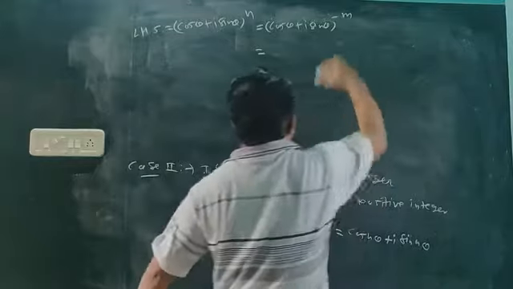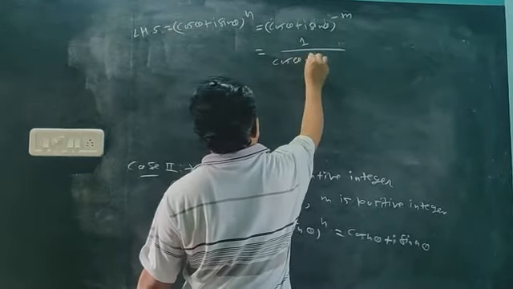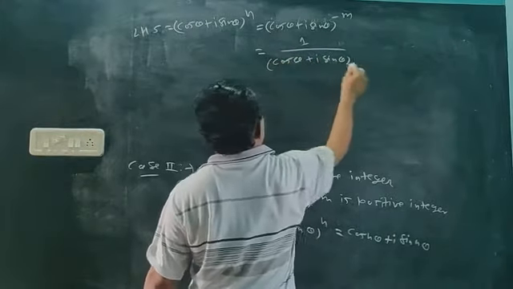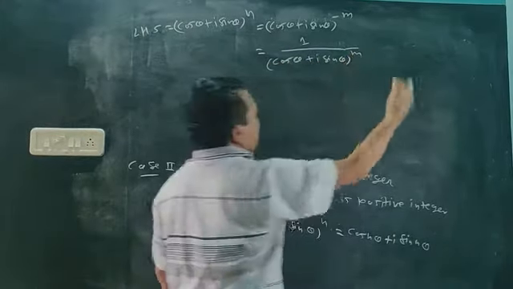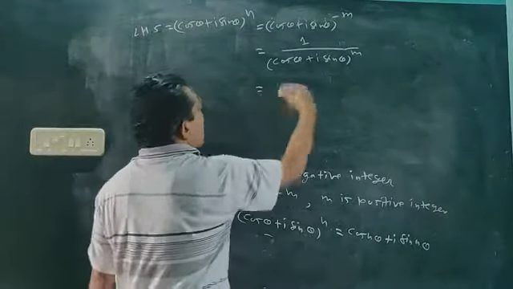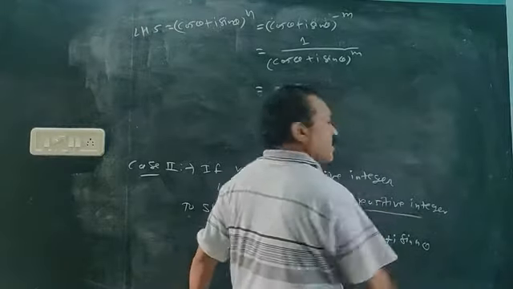Now minus m is 1 upon (cos theta plus I sin theta) raised to power plus m, and m is already a positive integer.